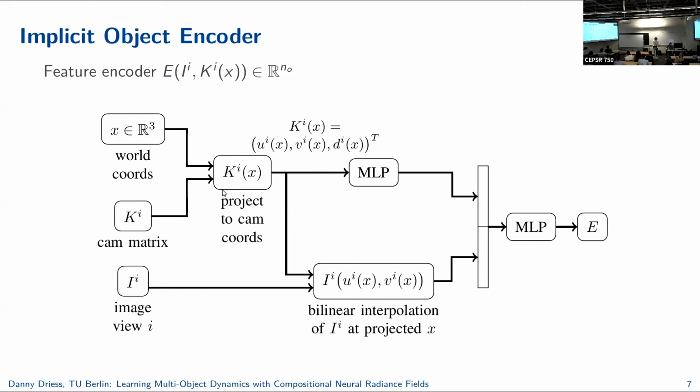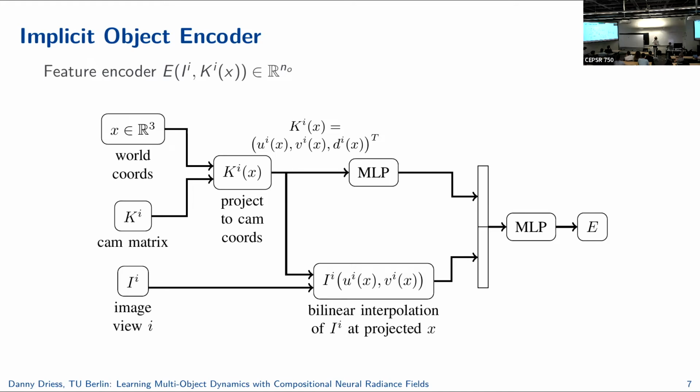We project it into the camera coordinates with the camera matrix, and then through bilinear interpolation, check what the RGB value of our input view is in this projected camera coordinate. This interpolated RGB value together with an encoding of the projected coordinate is fused together to give us a feature from one view.